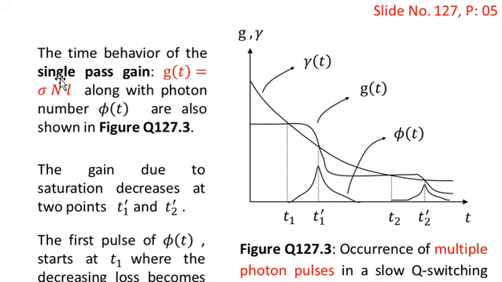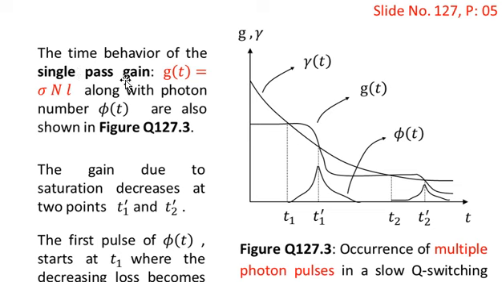The time behavior of the single pass gain. You see that in the Q switching process, mostly the single pass gain is involved, because the Q switching time is very small, so most of the population inversion will decay during the single pass gain.